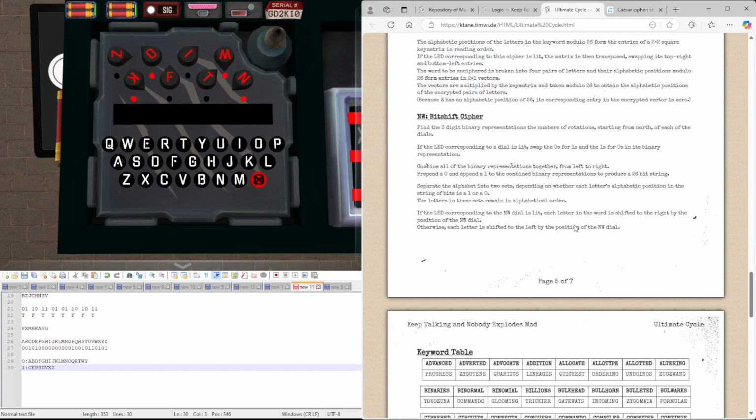So each letter is lit, so each letter in the word is shifted to the right by the north dial. But in this case, we're going to be shifting to the left.